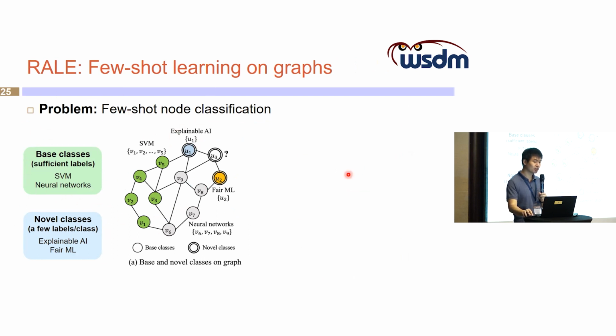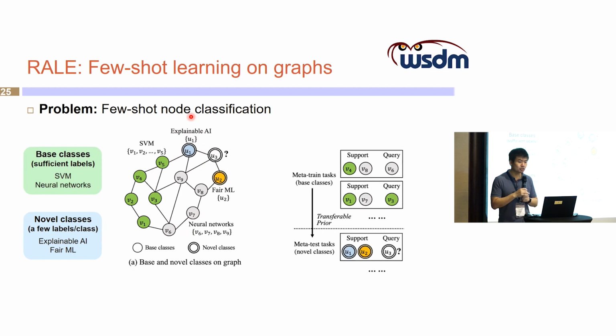In this graph here, we have traditional topics, papers from topics like SVM or neural networks. They have sufficient labels. But for emergent topics, what we call novel classes here, like explainable AI or fair machine learning, because they are emergent, there are very few labels for each class.